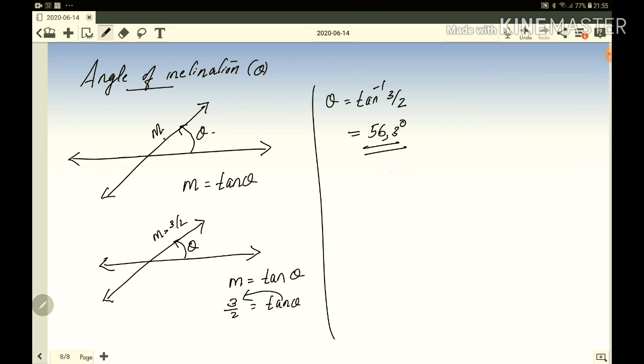So that line, let me draw it. I will show you the example in that also. See, this line is different from the other line. It is going down. Okay, it has a negative gradient. So what will happen if you draw the x-axis?